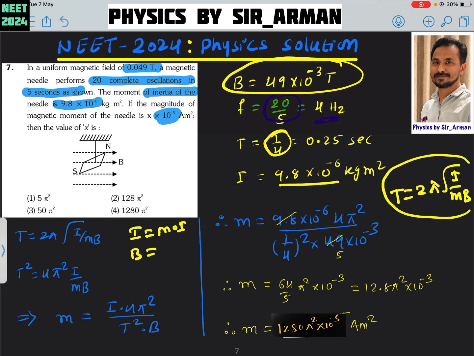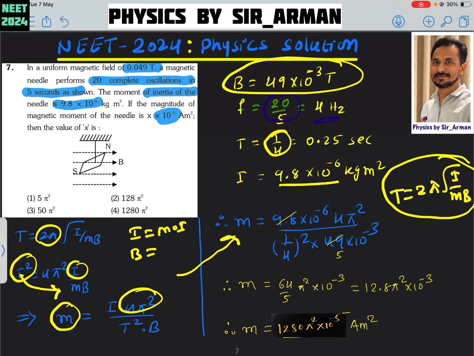Now we can use this equation directly, put all the data, and obtain the value of magnetic dipole moment m. I am squaring on both sides. So it is T square equals 4 pi square, I by mB. Make m the subject: m is equal to I times 4 pi square by T square B. Now put all the data in this expression.